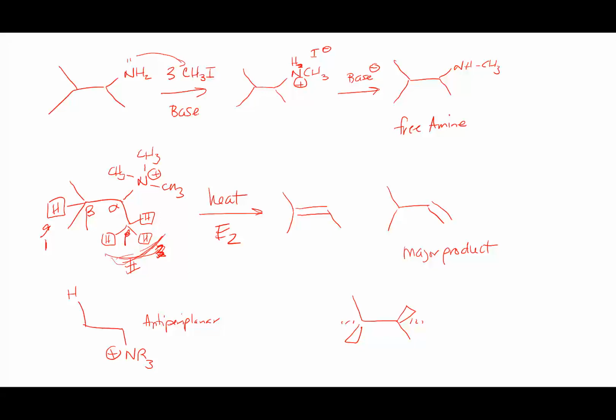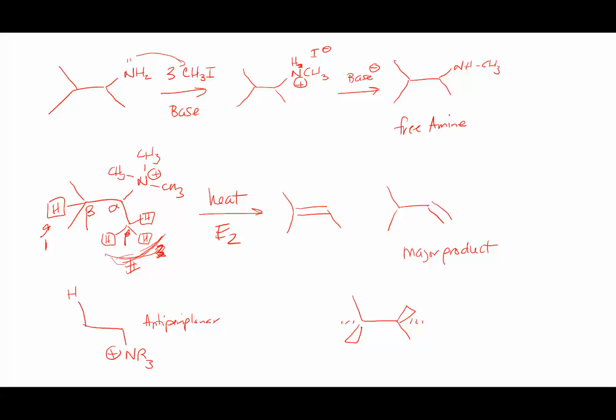There is a second elimination that will also give you the least substituted product, but instead of the beta hydrogen and the leaving group being anti-periplanar, they have to be coplanar, meaning in the same plane.